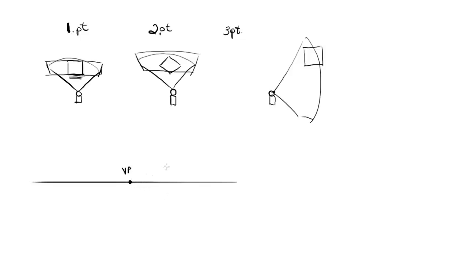So an example is if you have a box, and I'm just going to kind of rough in a box here, like so. All the lines converge to this vanishing point here and here. Okay, and I'll use this line tool instead because it's just easier. So everything converges to that point.